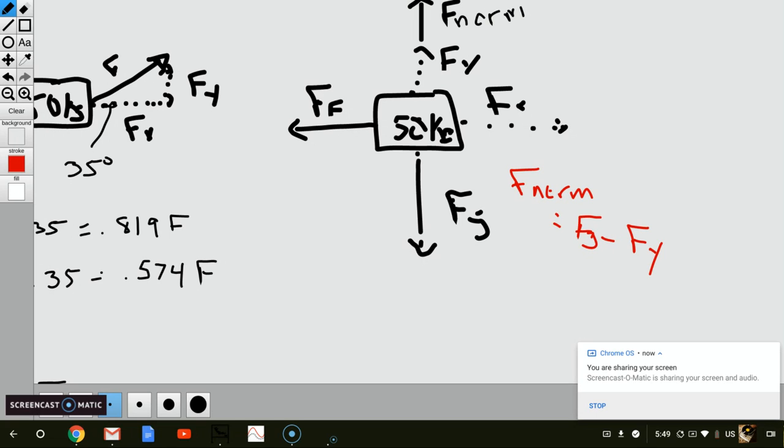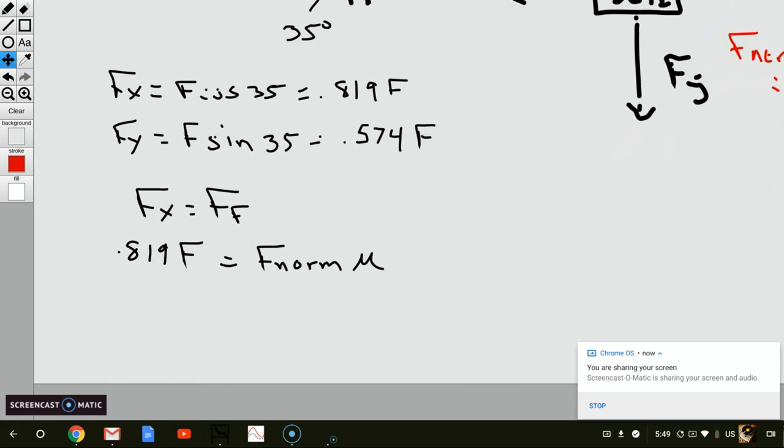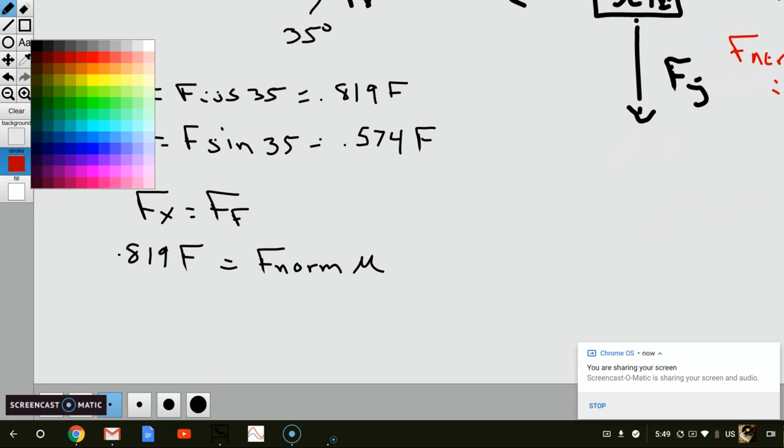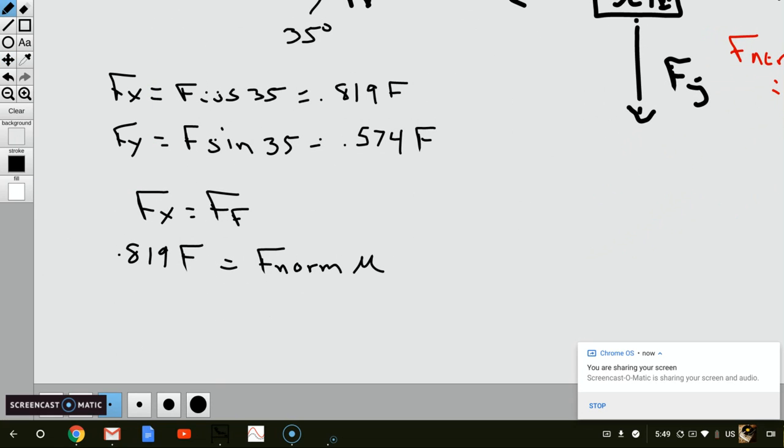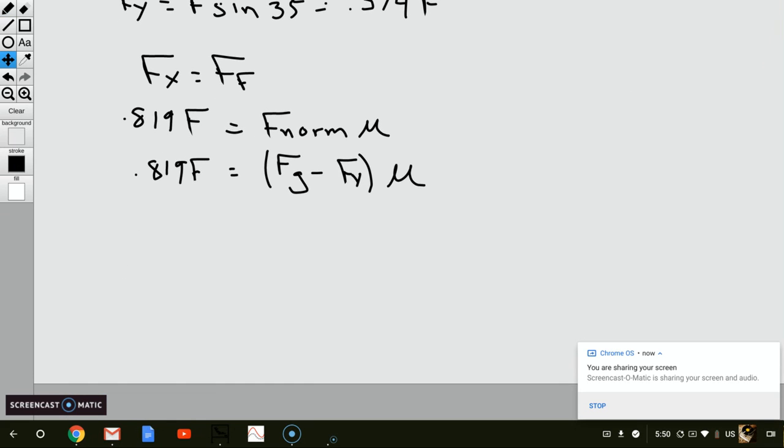All right, so if we come back down here and plug that in for F norm, this will be Fg minus Fy, that's F norm, times mu, and all this is still equal to 0.819 F. Now we've got to start plugging some stuff in.